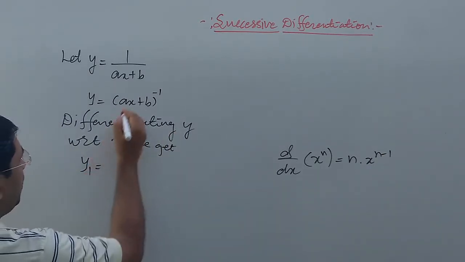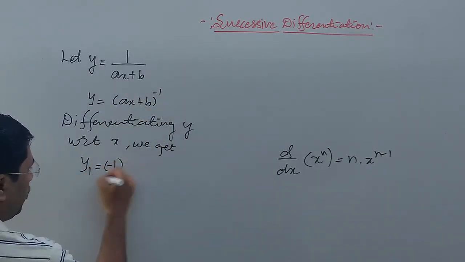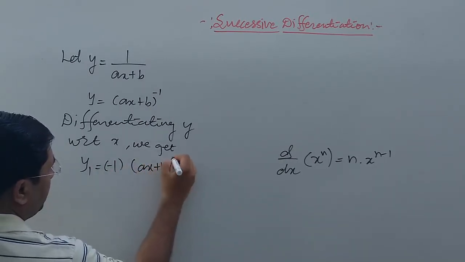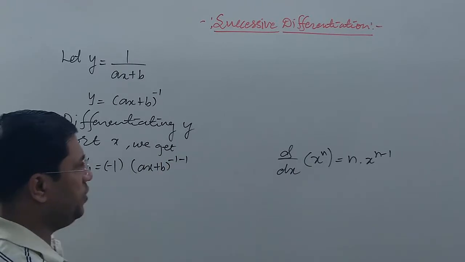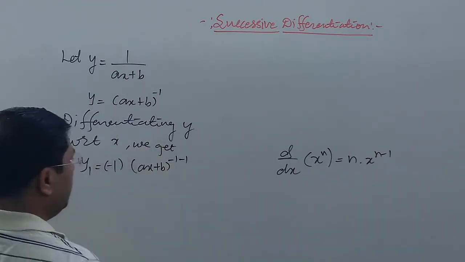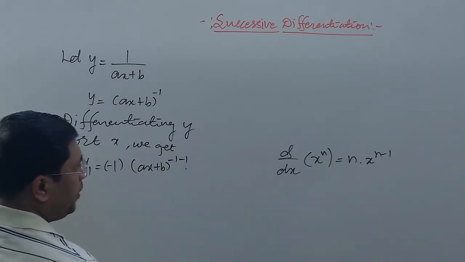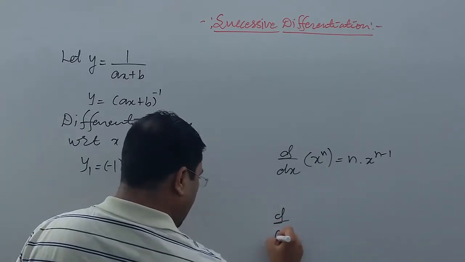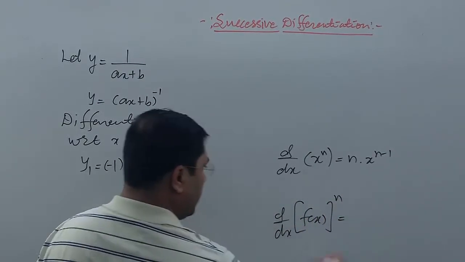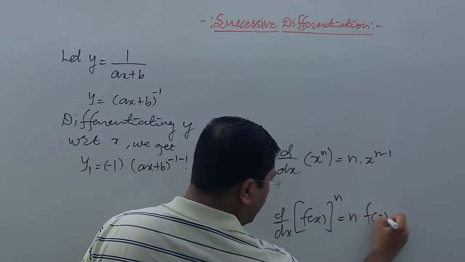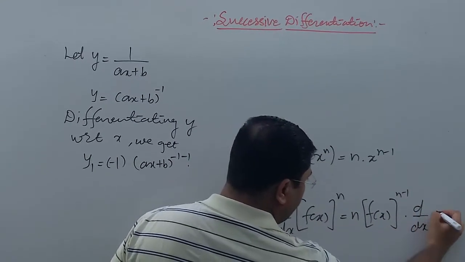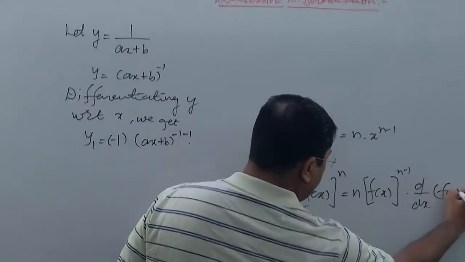Using this formula, the minus 1 will come down, and we have (ax plus b) raised to minus 2. And we have the formula d by dx of (f of x) raised to n is equal to n into (f of x) raised to n minus 1 into d by dx of f of x.